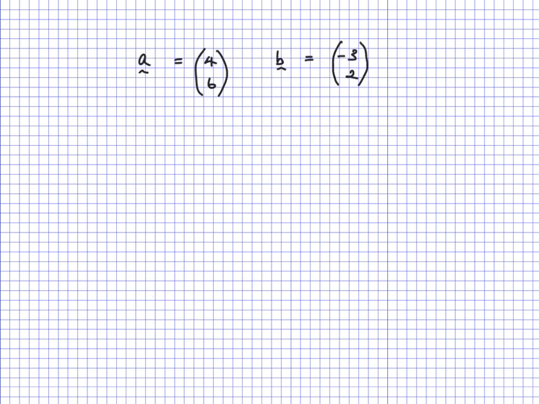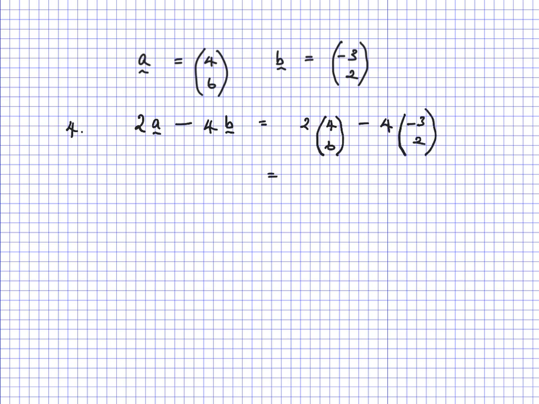Last thing to do. What would happen if we had 2a minus 4b? What would that give us? Nice simple calculation. I'm not going to do any drawing, so it's 2 lots of (4, 6) minus 4 lots of (-3, 2).